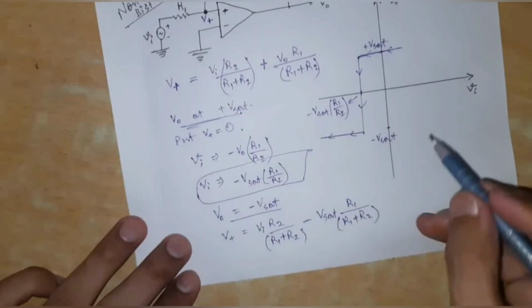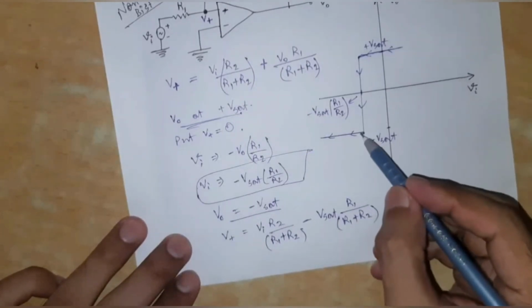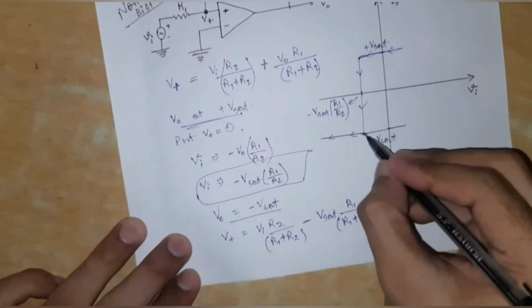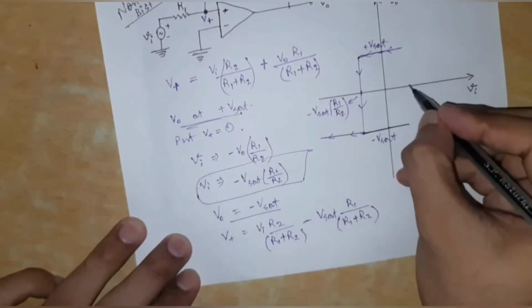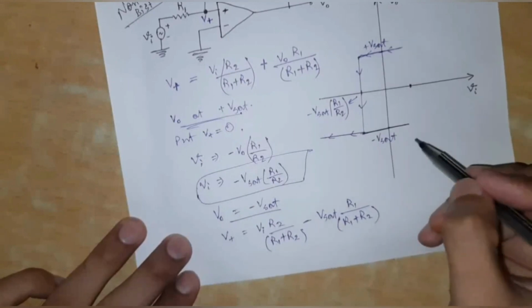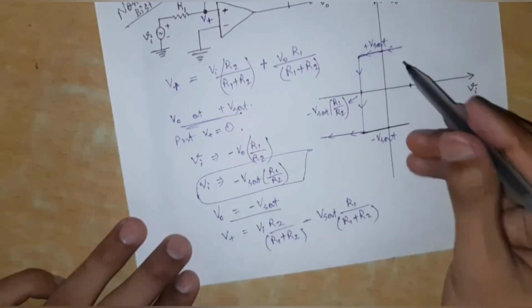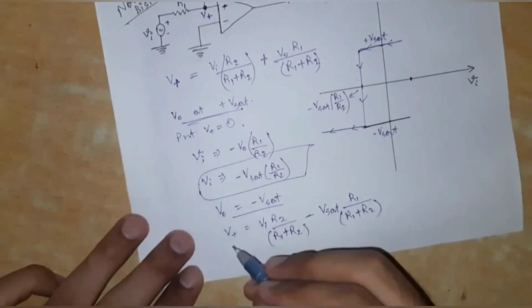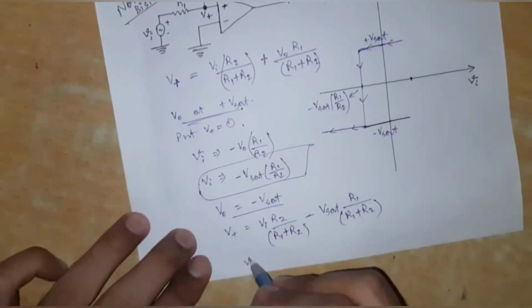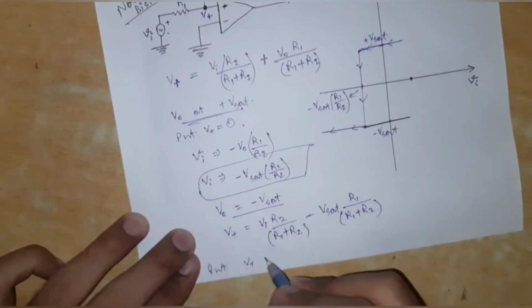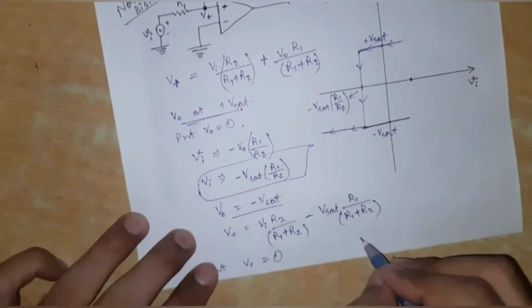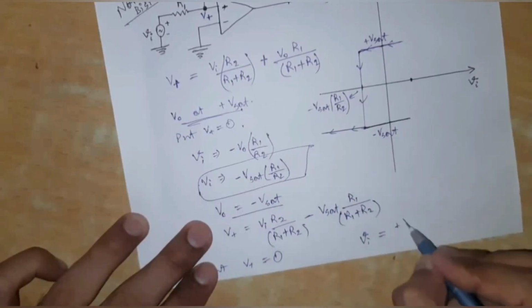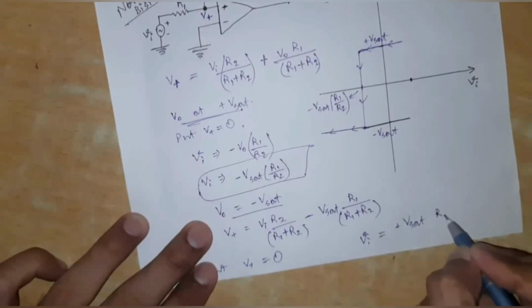Now we will go on increasing this V input, and we are constantly increasing it. There comes a point somewhere here where this output will transition from minus Vsat to plus Vsat. So what is that value? Again we have to put V plus equal to 0, and we will get a value something like V input is equal to plus Vsat R1 by R2.